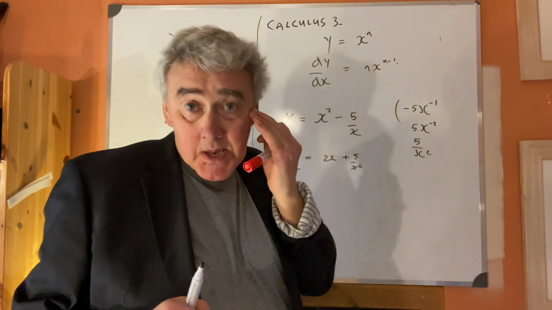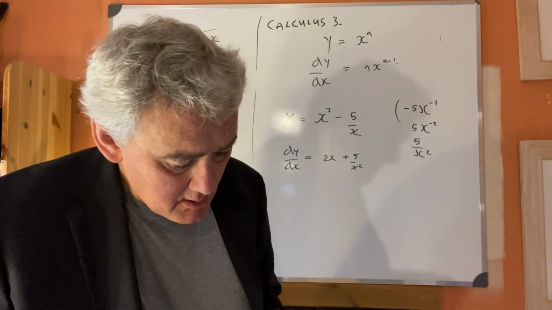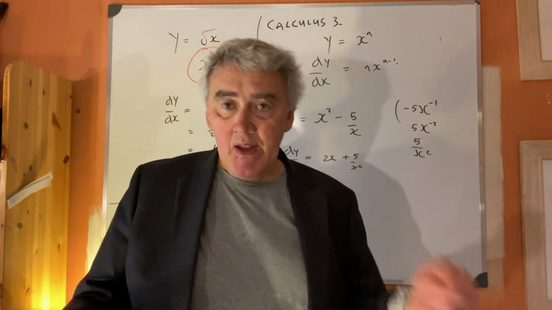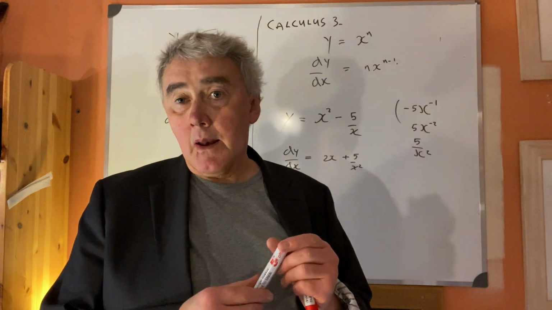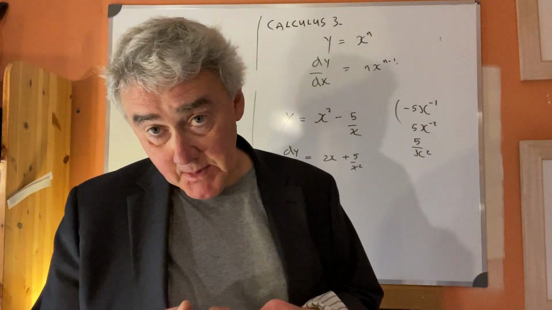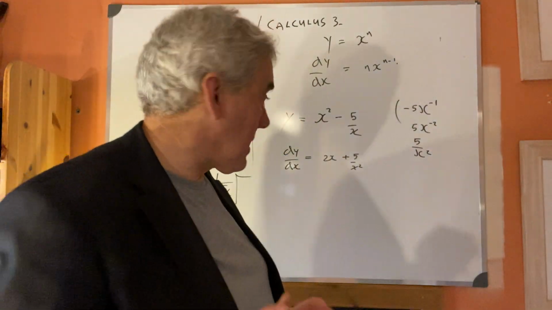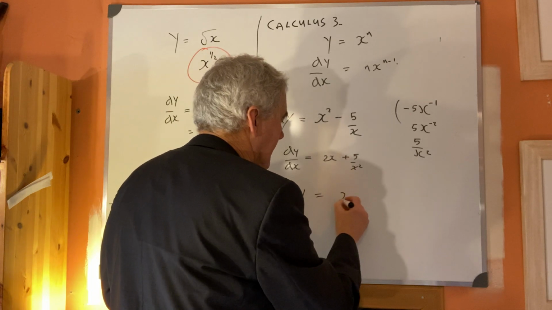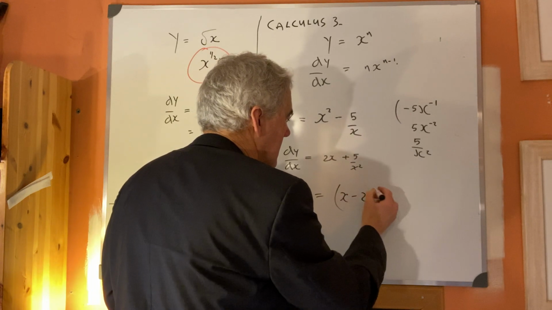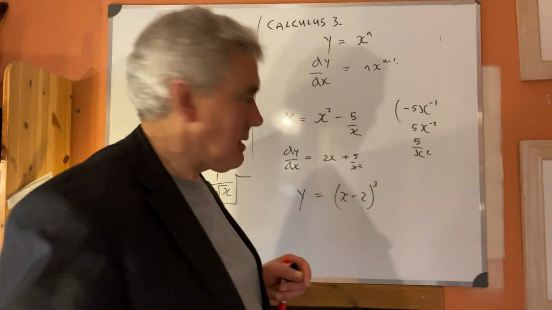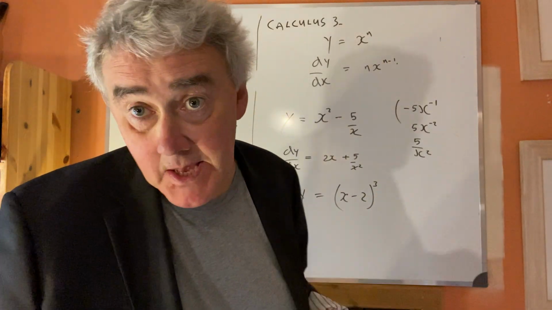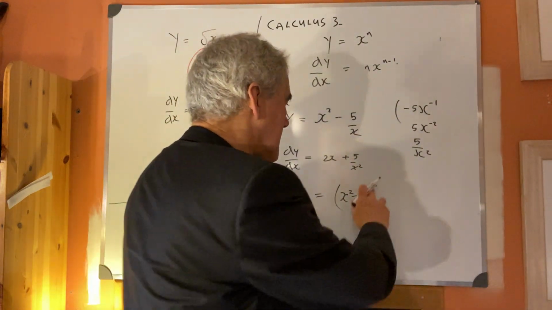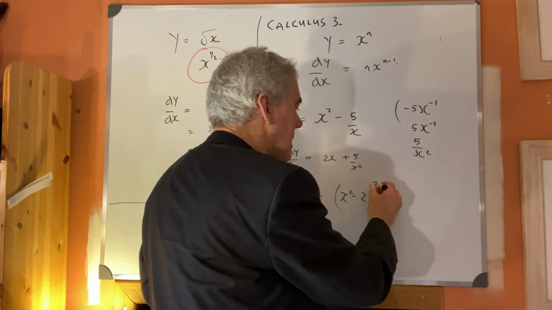And if you look in your books, the first exercise is on differentiation by rule. You will come across lots of problems of that kind. Now there's one last one I'm going to look at today, and let's say we have a function of the form x squared minus 2, squared.